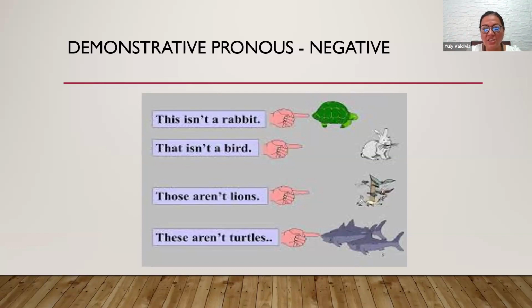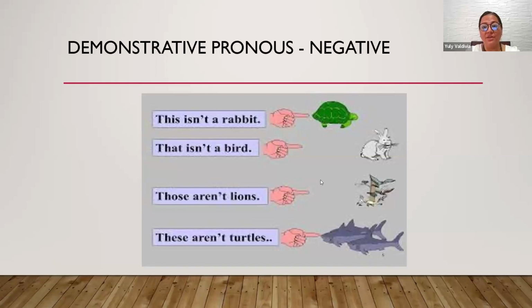Wonderful. So let's continue. Now we have to see demonstratives. This, that, these and those. But now using the negative form. Here are demonstratives using the negative form.